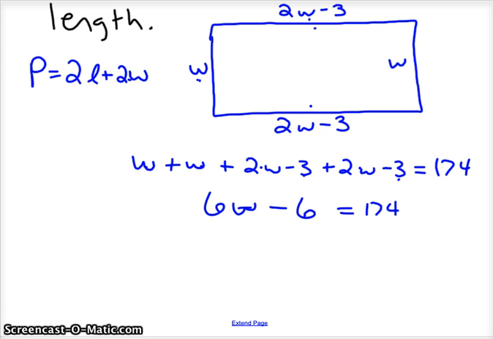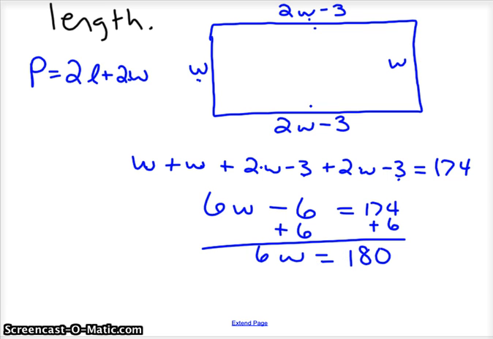While you're solving this, you just continue on. You'd add 6, so 6W equals 180 feet. 180 divided by 6 would be 30. So we know our width is 30 because 180 divided by 6 is 30.